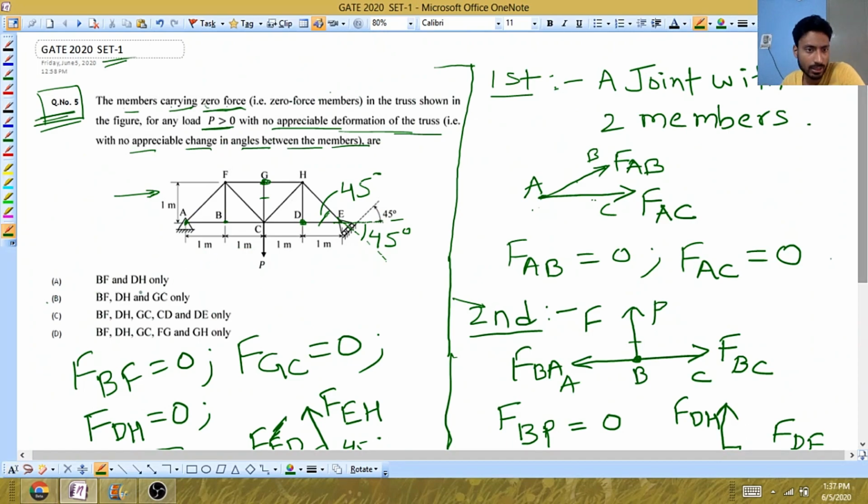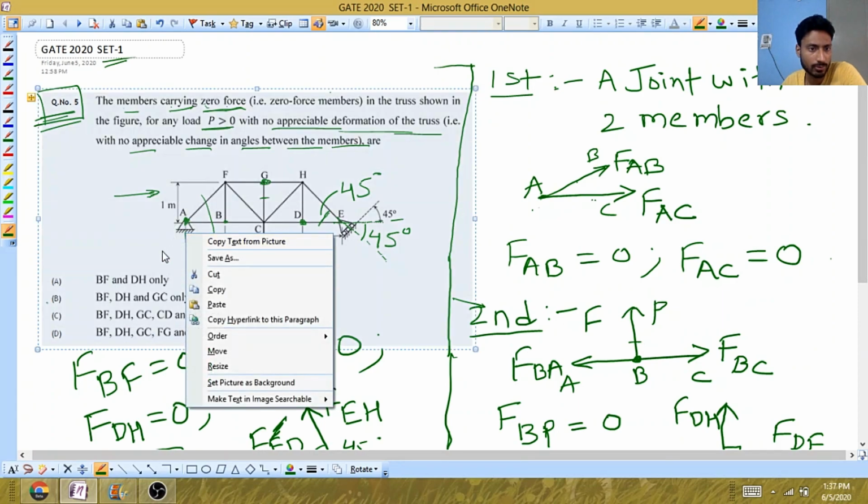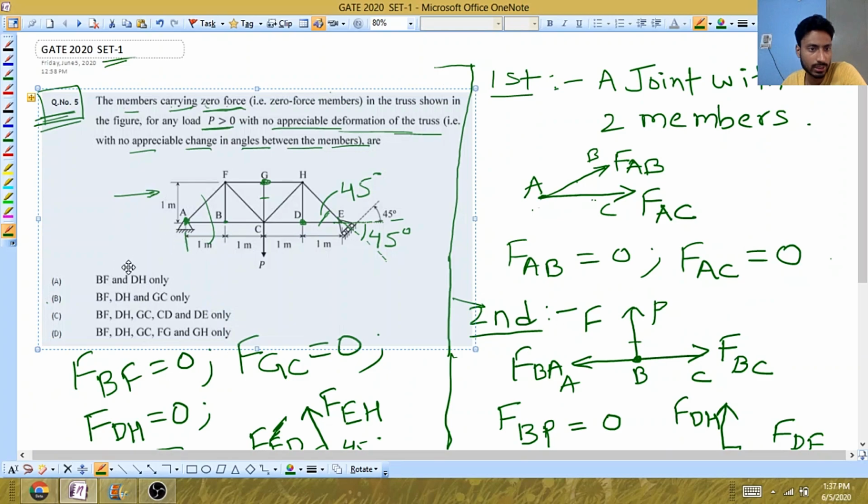Now look at support A. If you do the similar thing that we have done here, if you cut this out, you will get this force and this force, as well as this is a hinged support. In hinged support, you know, two reactions will be observed, vertical and horizontal.